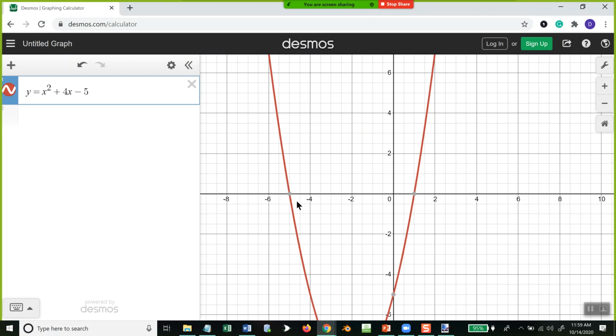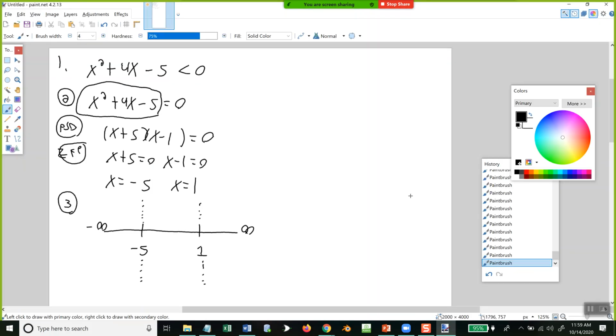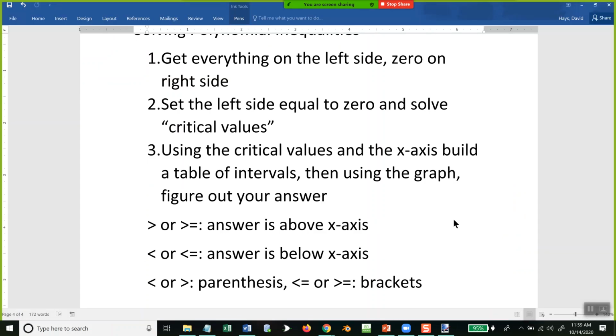Now, once you look at the graph, you'll notice something that crosses at negative 5 and crosses at 1, which corresponds to our critical values. That's what the critical values indicate in this process. So if I graph it, and it doesn't have to be precise in any manner, get something that looks like that. Do not take any time to try to make it look good. That's not the goal of graphing it there. The goal of graphing it is to figure out our answer.